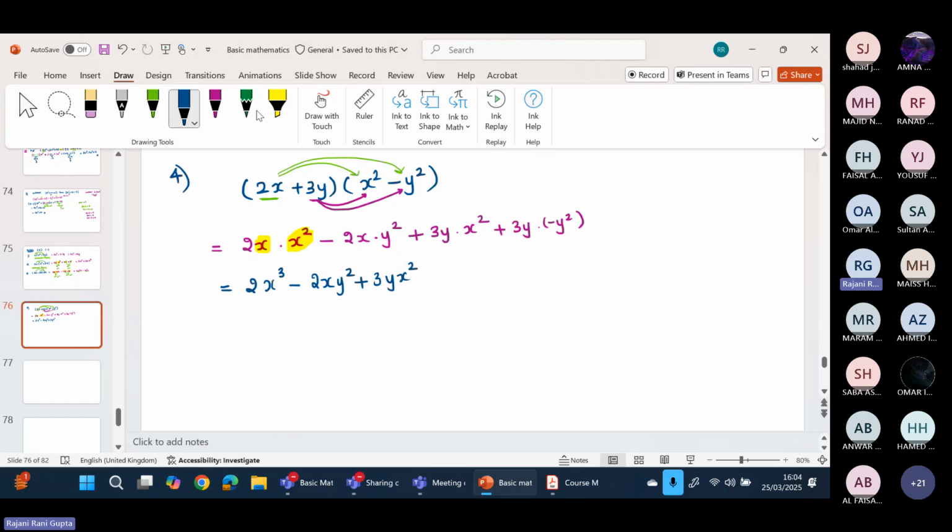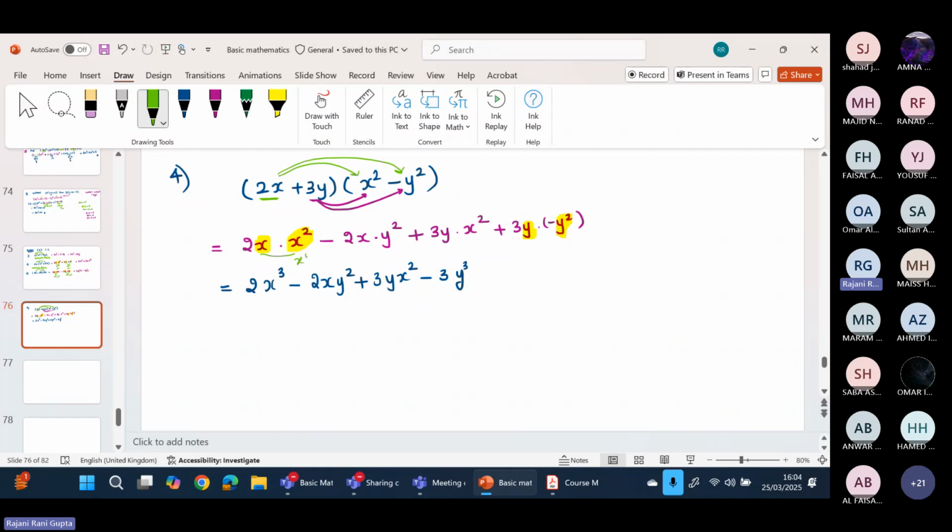Again, no. For the fourth term, you have y and y power 2. Also, you have minus and plus. So it gives you minus 3. What will be the power of y? 3. Okay.